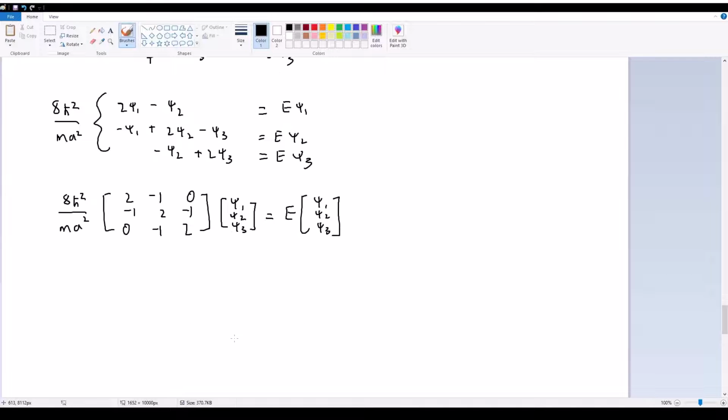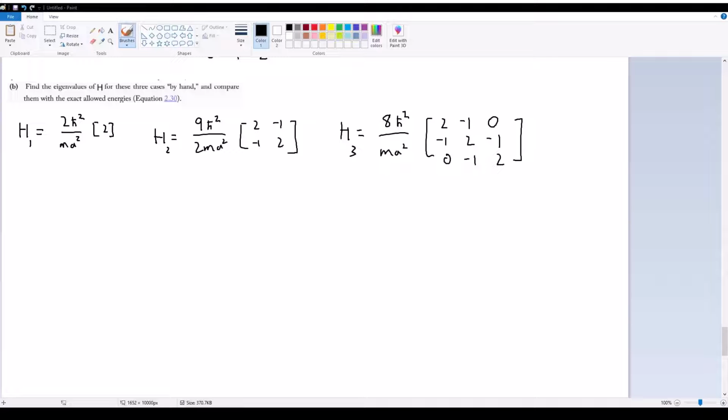So therefore, our H matrix for n equals 3 is equal to 8ħ²/(ma²) multiplied by 2, negative 1, 0, negative 1, 2, negative 1, 0, negative 1, 2. And with that, we are done with part A.